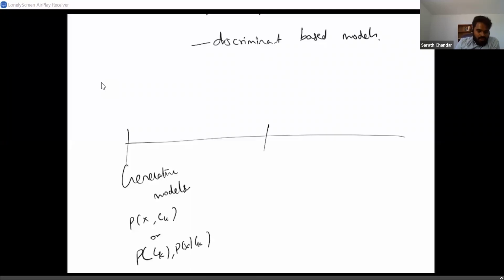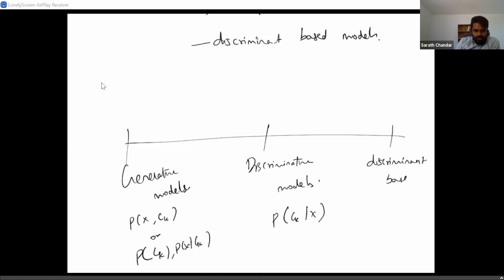In the middle, you have discriminative models, which are directly trying to model P of Ck given x, okay? And at the other end, you have discriminant based models where you're just learning some f of x, some function, which doesn't even need to be a probabilistic value, okay?